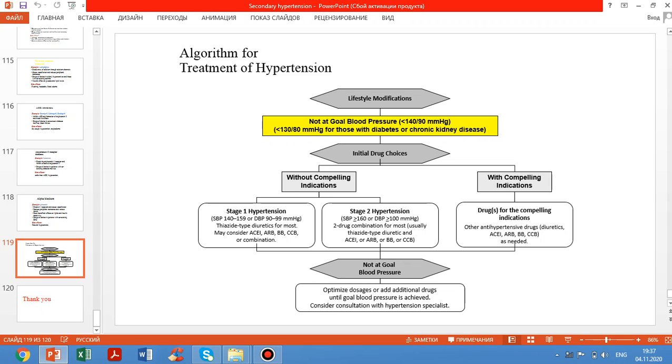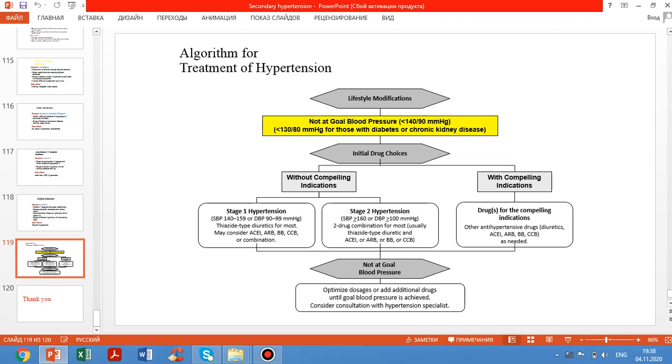Stage 2 hypertension: a two-drug combination for most, and we can usually use thiazide type diuretics and one of the angiotensin converting enzyme inhibitors or angiotensin receptor blockers or beta blockers or calcium channel blockers.